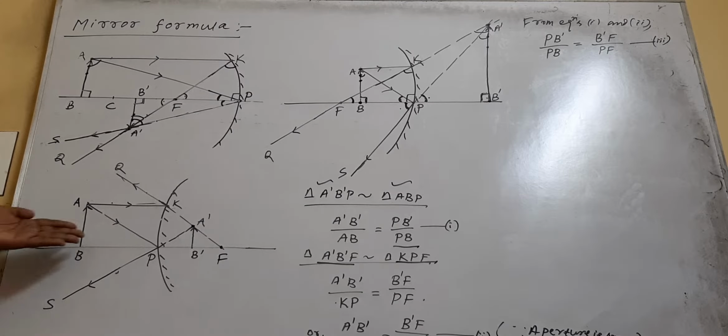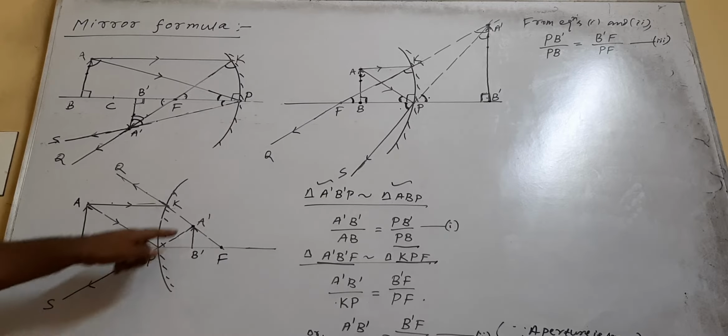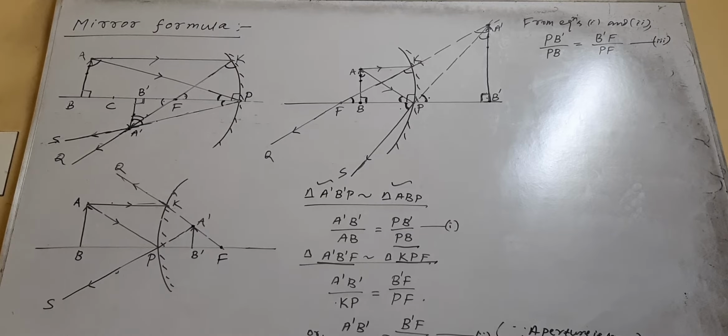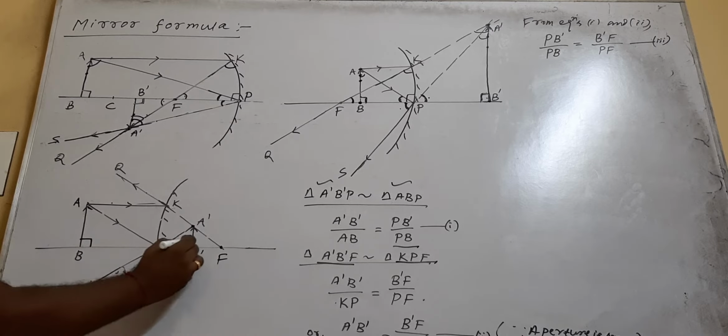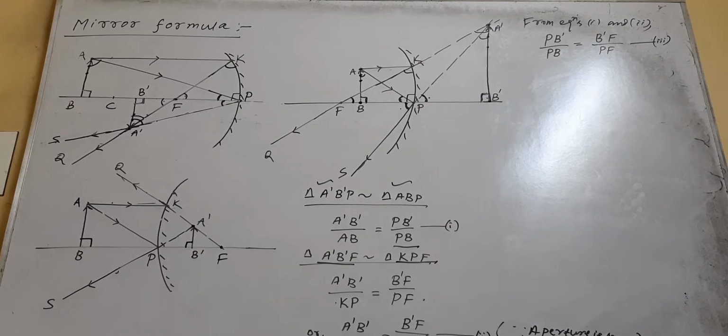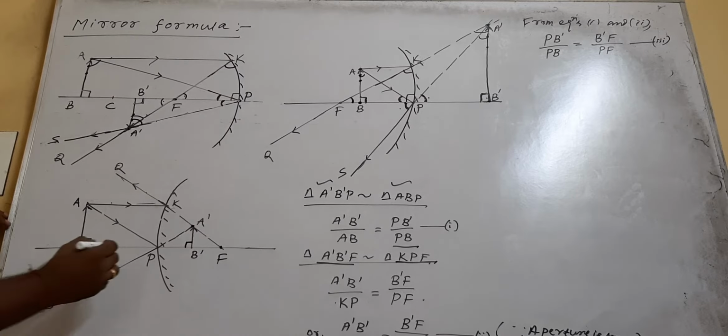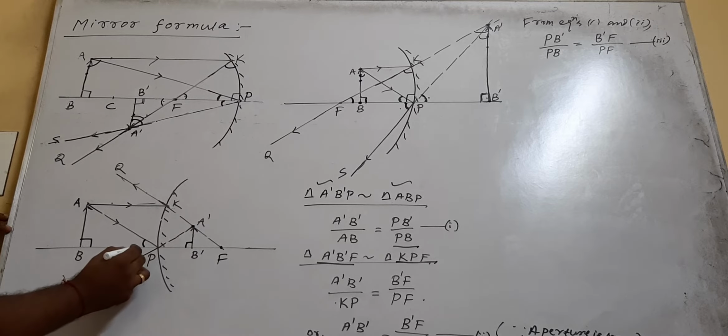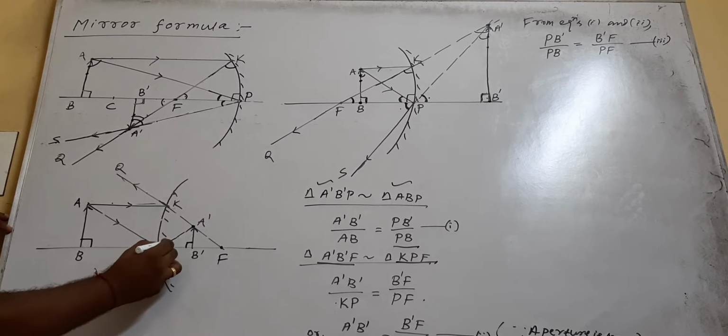Similarly, you can verify for this. Now you see ABP and A'B'P are similar. Why? Because this angle and this angle, they are perpendiculars. Definitely, it is the angle of incidence, it is the angle of reflection. These two are equal and these two angles are opposite.